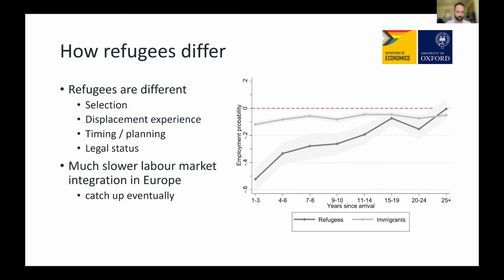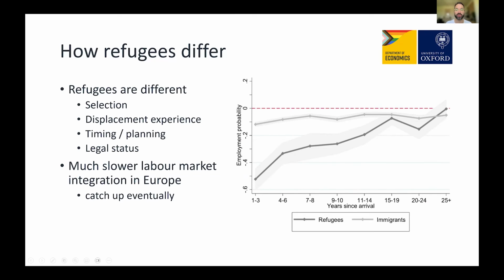Of the people who arrive, about 40% leave within the first year because they don't get refugee status granted, they get deported, they get sent back because they don't fulfill the criteria. But of those who stay at least a year, 90%, 10 years later, live not just within Switzerland, but within the same location or canton within Switzerland. So once they're here, once they've been accepted, they tend to stay.